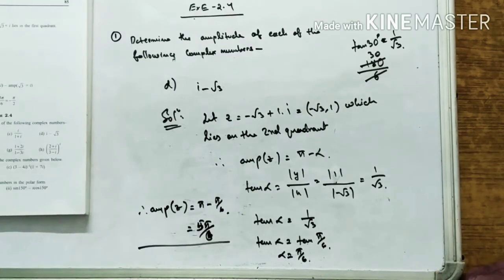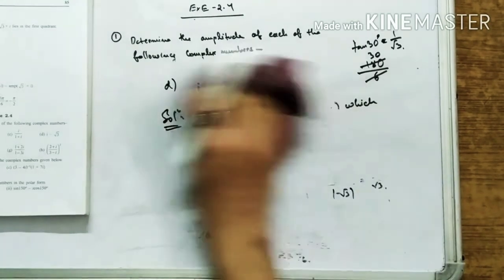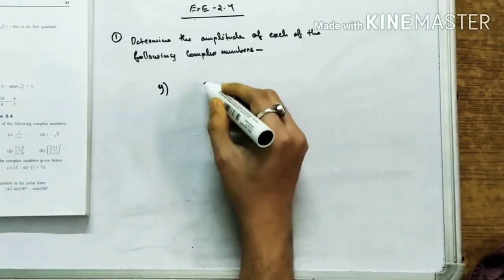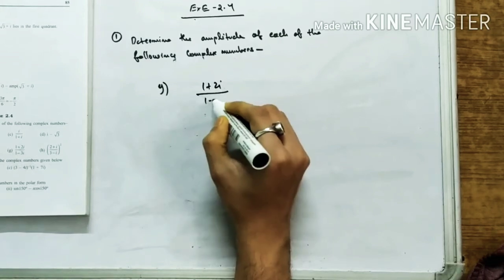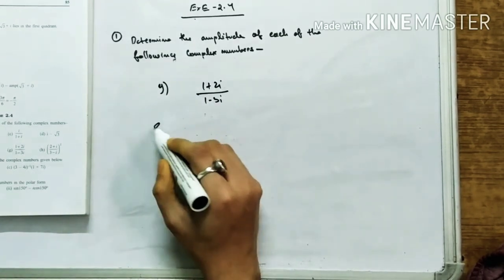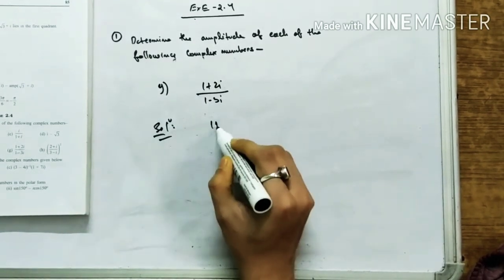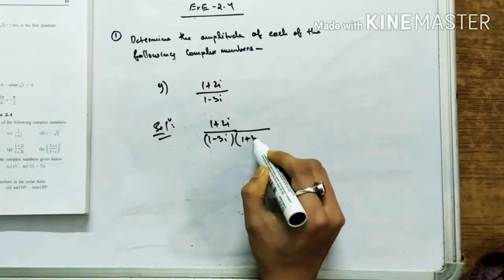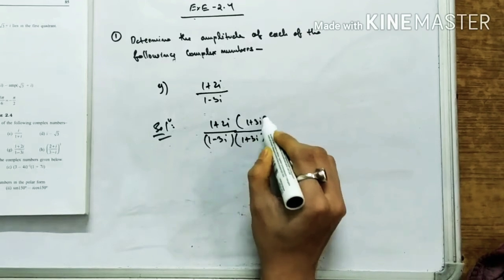So the rest of the problems, again I will do number G, 1 plus 2i by 1 minus 3i. First of all, I will multiply 1 plus 2i by 1 minus 3i by 1 plus 3i, 1 plus 3i.